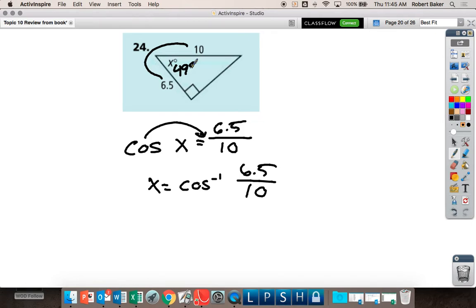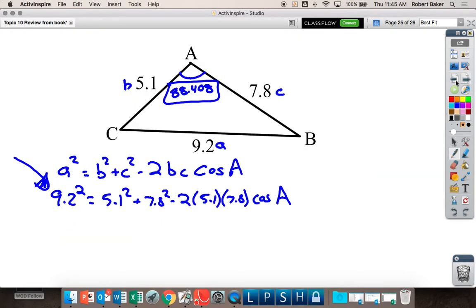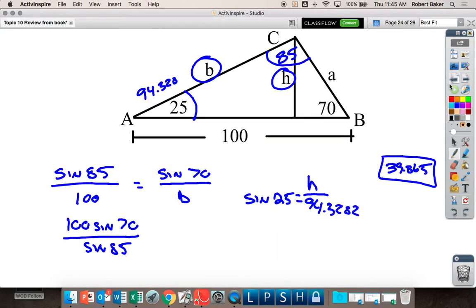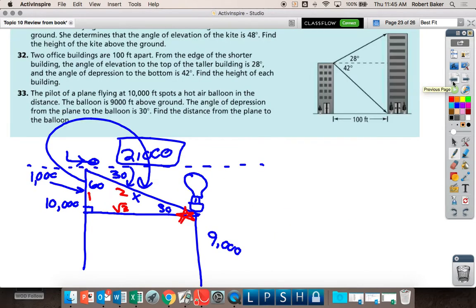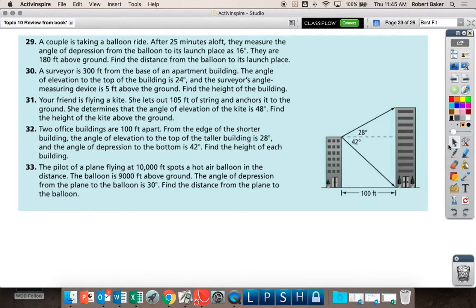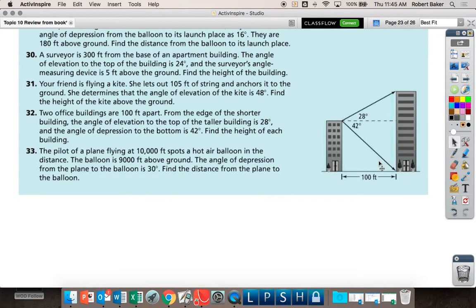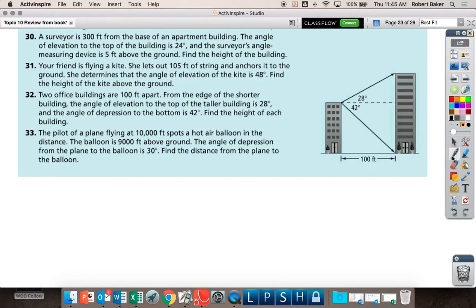Could you do some of the bottom part? Which one do you want to look at? Number 30. A surveyor is 300 feet from the base of an apartment building. This distance is 300 feet.